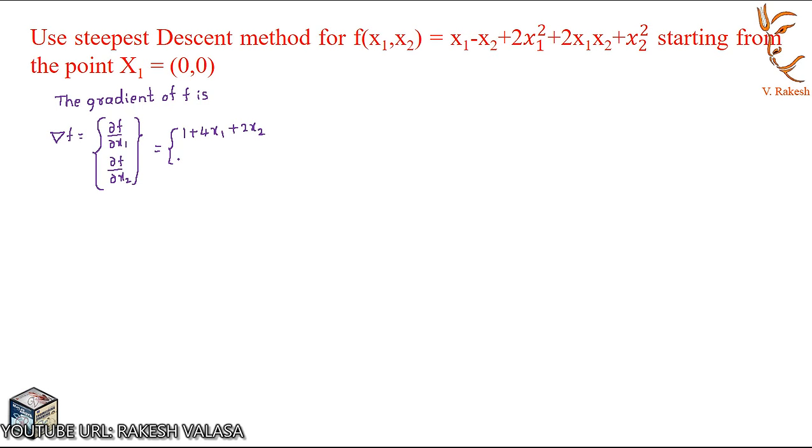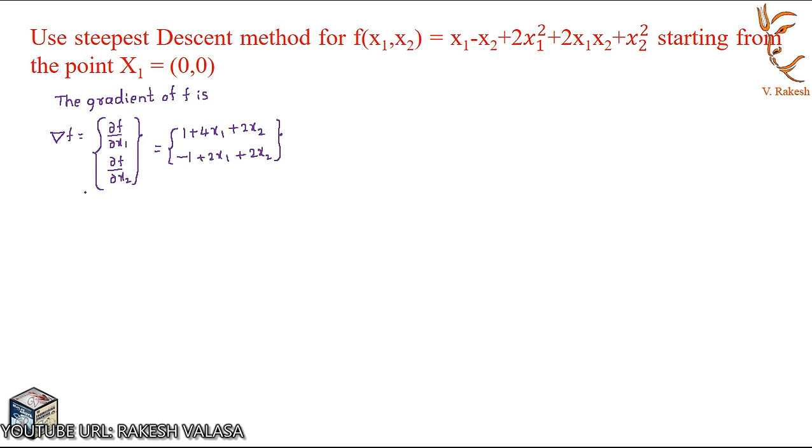Similarly, partial derivative with respect to x2, that is x1 is 0, minus x2, that is minus 1, 2x1 square, that is 0, 2x1 x2, that is 2x1, plus x2 square partial derivative with respect to x2, that is 2x2.